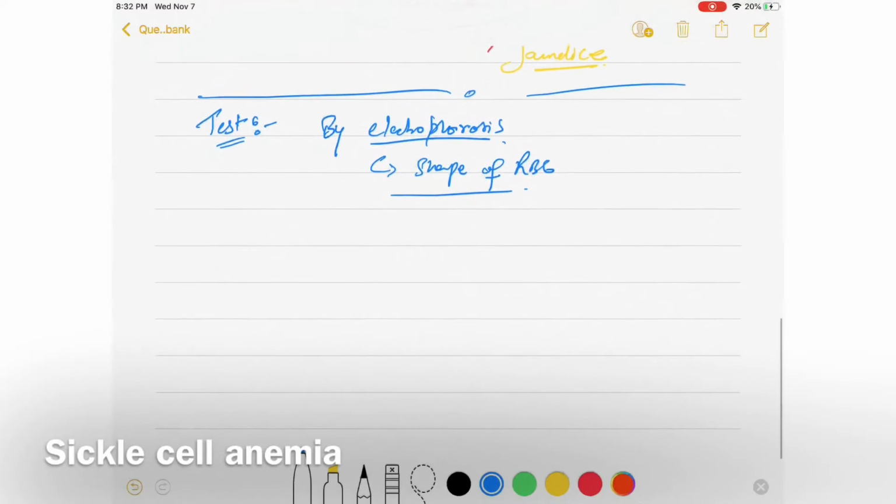At a higher level, we can check for the presence of pyruvate in the blood.